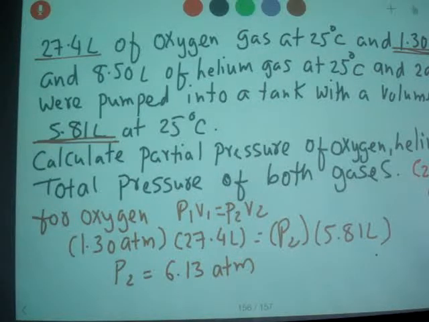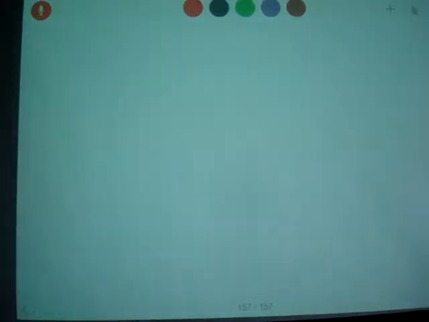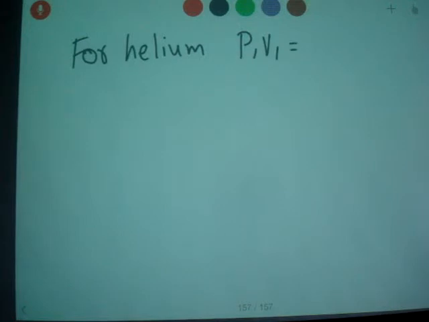For oxygen we got 6.13 atmosphere, right? And for helium, we are going to use P1 V1 equals P2 V2.